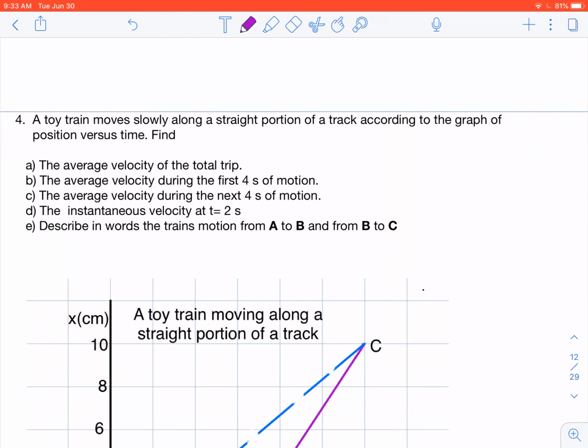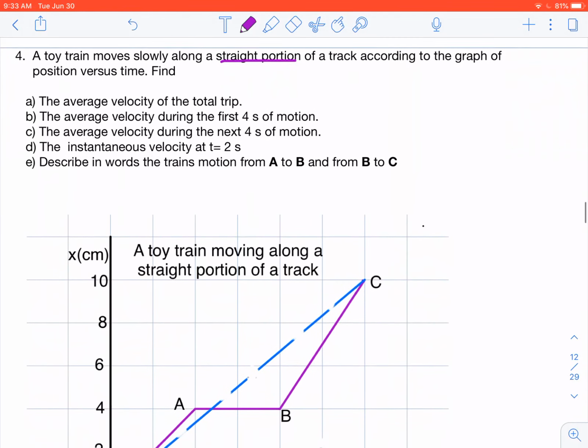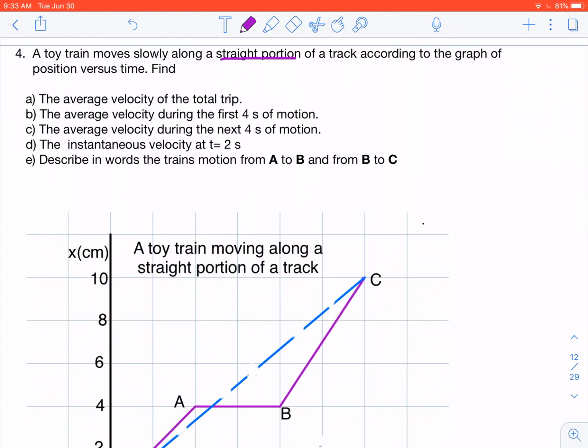Now here we have a train that moves along a straight portion of a track according to the graph of position versus time. We want to know the average velocity of the total trip.